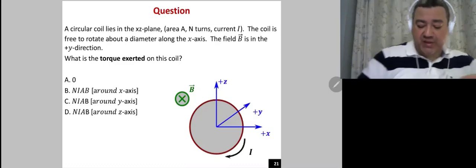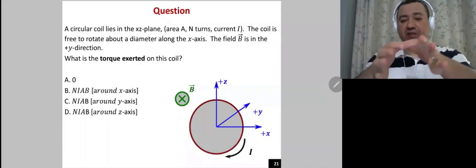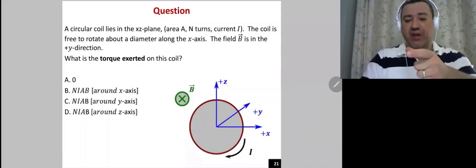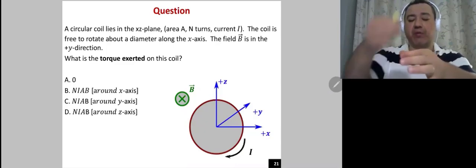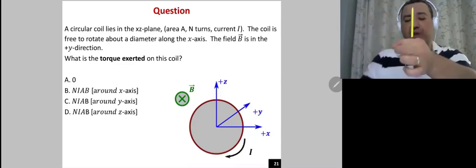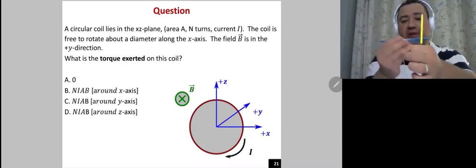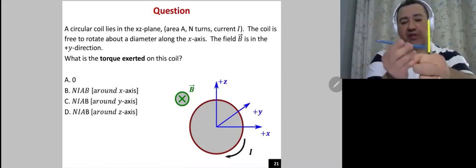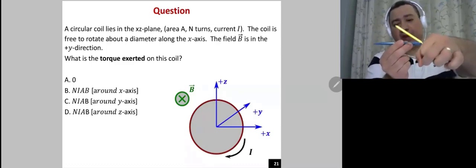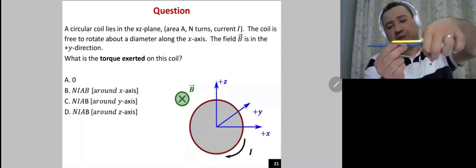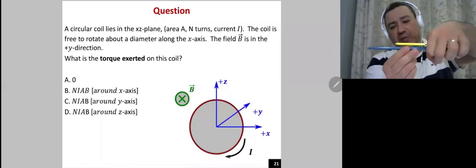So if I have this loop sitting this way, and the current is going in this direction, then the magnetic dipole moment for that loop is pointing up, right? If I have the magnetic field pointing in this direction, the torque will always tend to rotate this magnetic dipole moment such that it is aligning with the magnetic field.